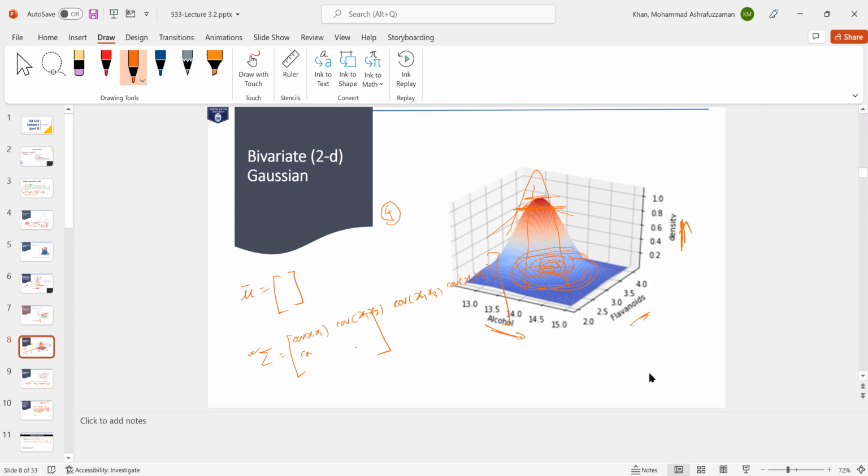Similarly, covariance of x2, x1, covariance of x2, x2, covariance of x2, x4, and finally here covariance of x4, x1, covariance of x4, x2, and covariance of x4, x4. So it will have a covariance matrix like this.